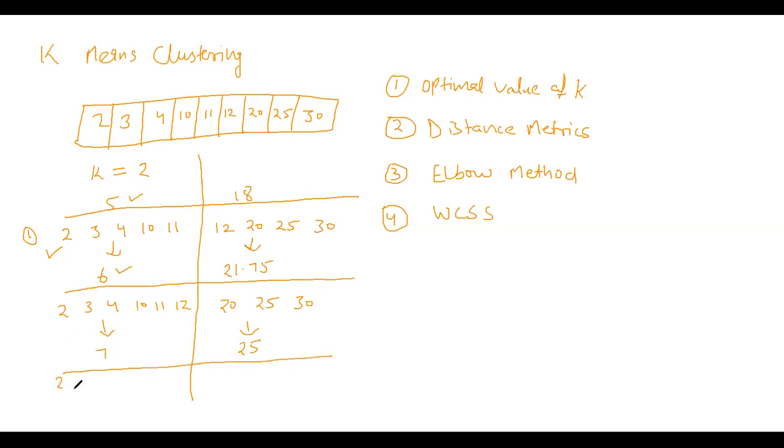Repeat the iteration once again. This time you have 2, 3, 4, 10, 11, and 12 closer to mean value 7, and 20, 25, and 30 closer to mean value 25. Now can you see that between the last iteration and the recent iteration, all of the data points are the same.